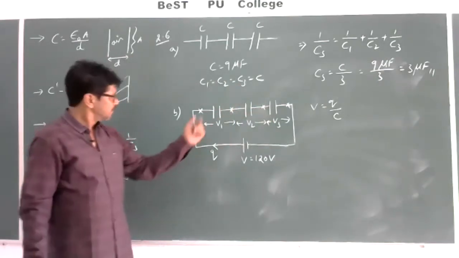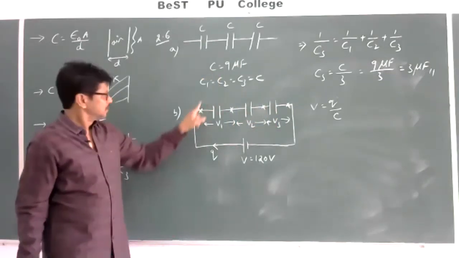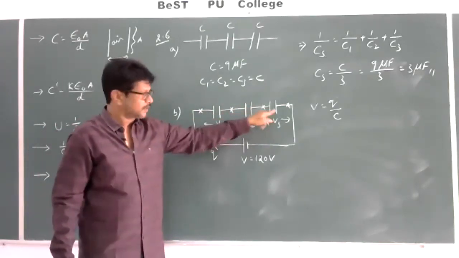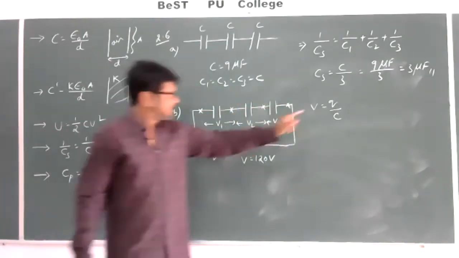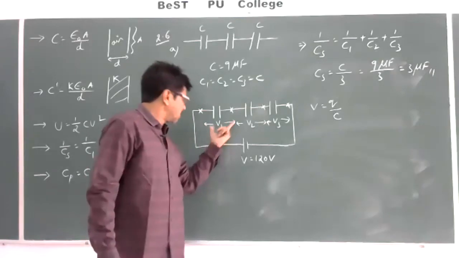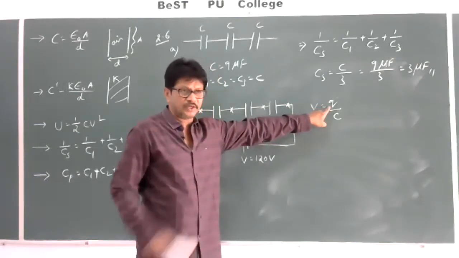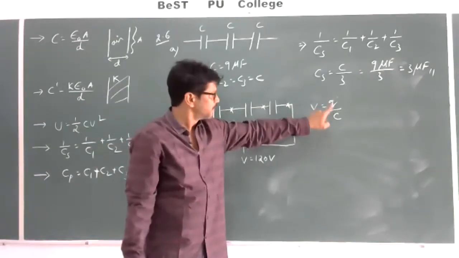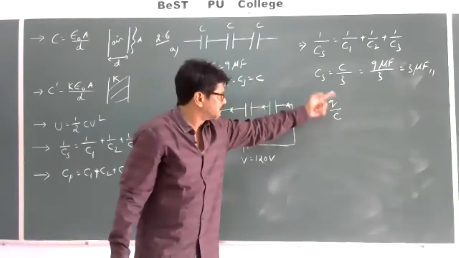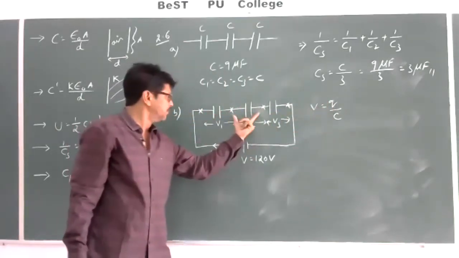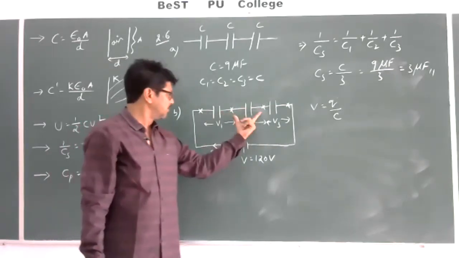And we know that the capacitance of each capacitor is the same. This is C, this is C, this is C, and the same charge flows through all three. Whether you take the first, second or third capacitor, the Q value is the same, and the C value is the same because it is given like that. So the ratio of Q by C is the same for each and every capacitor here.